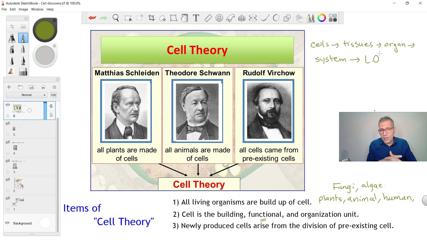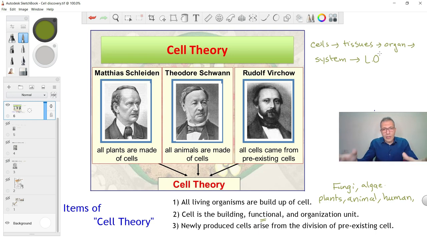The last item in the cell theory is related to Rudolf Virchow. He said that the newly produced cells arise from the division of pre-existing cells.